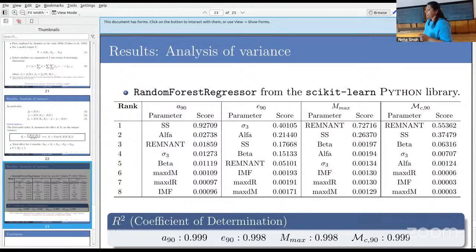So one NSNS and one NSBH. More. Two. It's really a few.